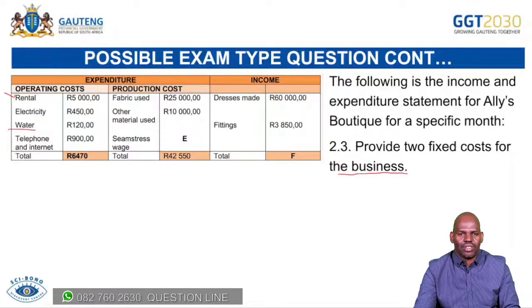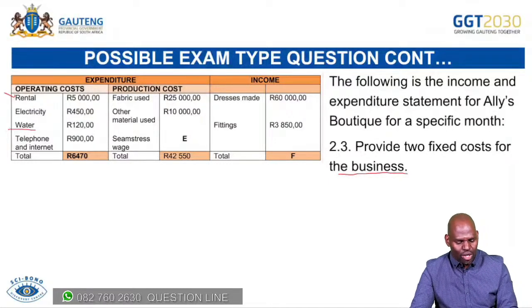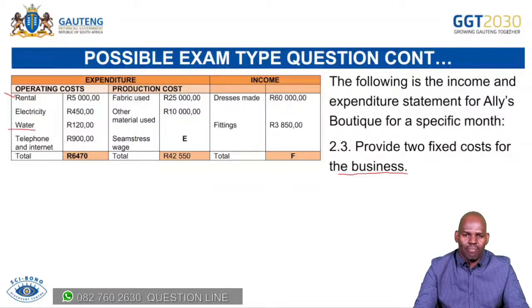Telephone and internet, using a telephone or internet, we are not using the same amount of data, or we are not making the same number of calls every month. So the telephone and internet cannot also be regarded as a fixed cost. Then fabric used, obviously this will be different because you are not going to buy the same amount of fabric every month.